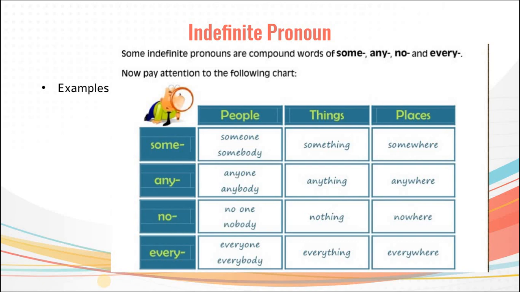For example, if you are using some with people, you say someone, somebody; with things, something; with places, somewhere. So with some, you can have compound pronouns: someone, somebody, something, somewhere, anyone, anything, anywhere, no one, nothing, nowhere, everyone, everything, everywhere.